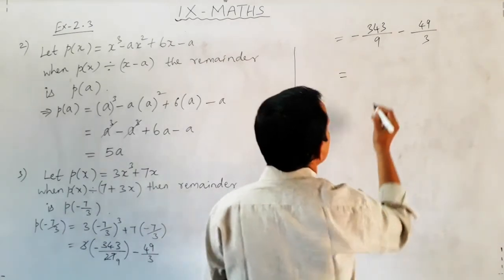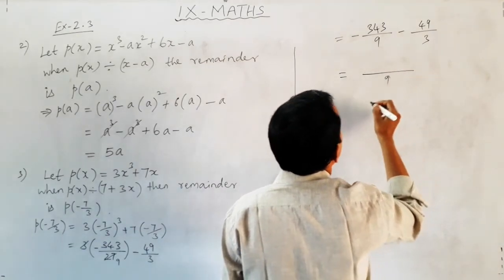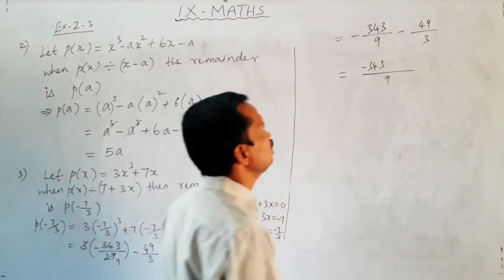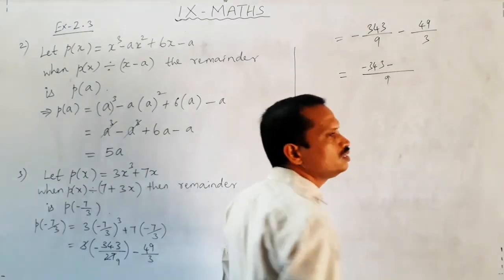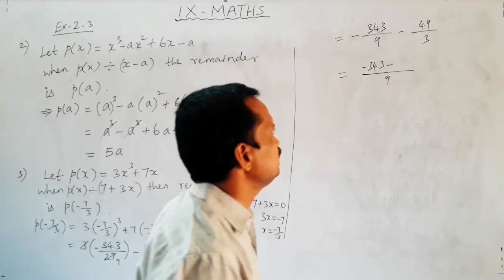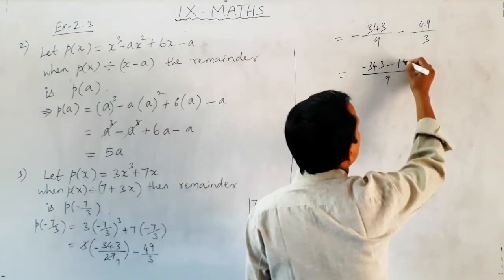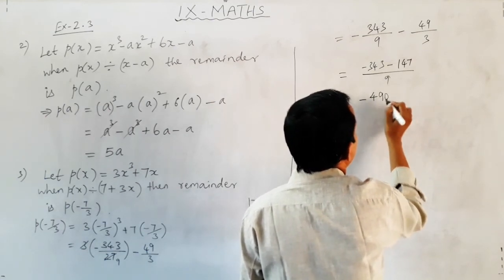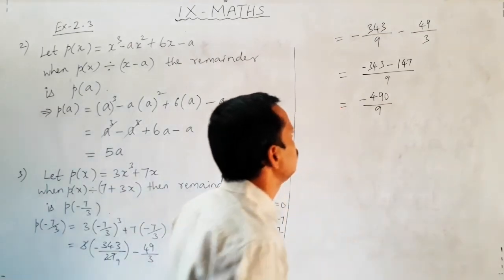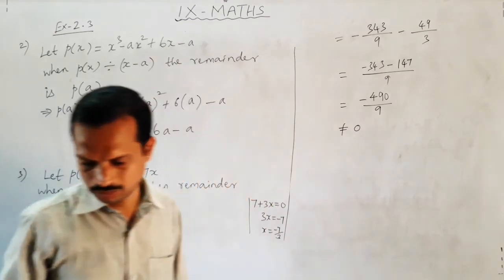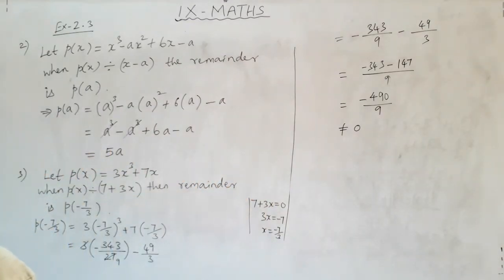Okay, so here the LCM is 9, and in the numerator the first part you have to write the same, minus 343, minus. 3 into 3 is 9, which is equal to the denominator, so in the numerator you have to multiply by 3. So 49 into 3 you will get 147, I think. So this is nothing but minus 490 by 9, which is not equal to 0. Clear?